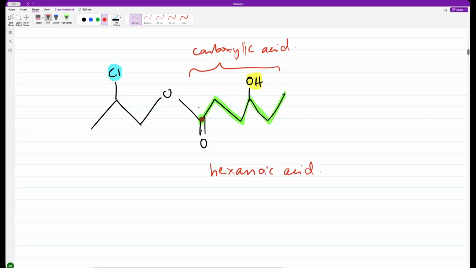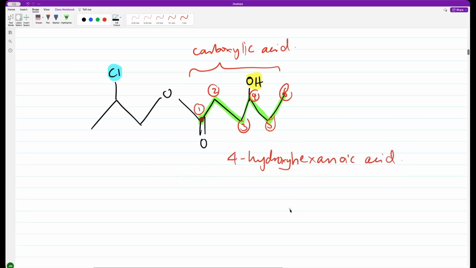And now this is carbon number 1. Always the carboxylic group, carbon is always carbon number 1. Carbon 2, 3, 4, 5, and 6. So that means we've got a hydroxy on the carbon number 4. So this carboxylic acid side is called 4-hydroxyhexanoic acid.